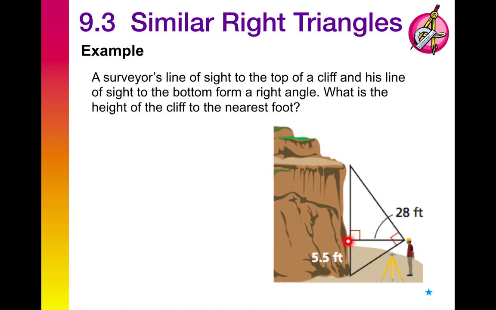He draws his altitude to his hypotenuse, which is a straight line. And he can calculate what this distance is, because he knows that this is the geometric mean of this and this. And I'll leave it to you to come up with the calculation. And we'll discuss this in our next class.